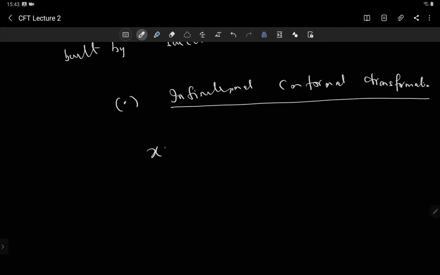So that means we're looking at transformations x prime mu as a function of x. But this is a finite transformation, and we are looking for the infinitesimal version, meaning x prime mu is x mu plus a small shift, and that small shift we call epsilon mu. But now this shift can be a function of x. It's a small shift, but that small shift can depend on where you are.